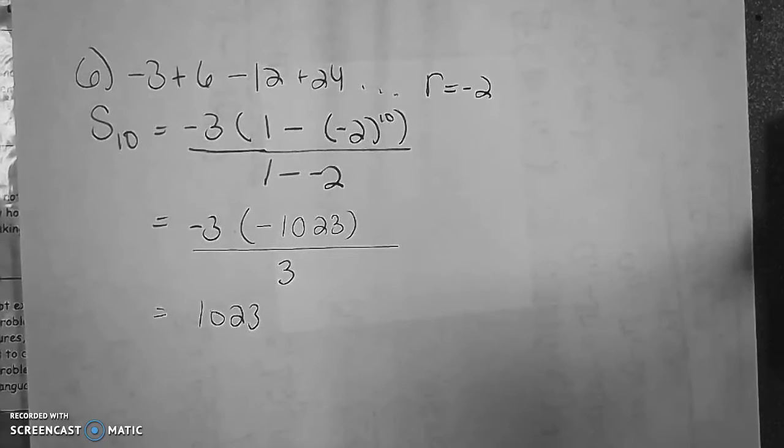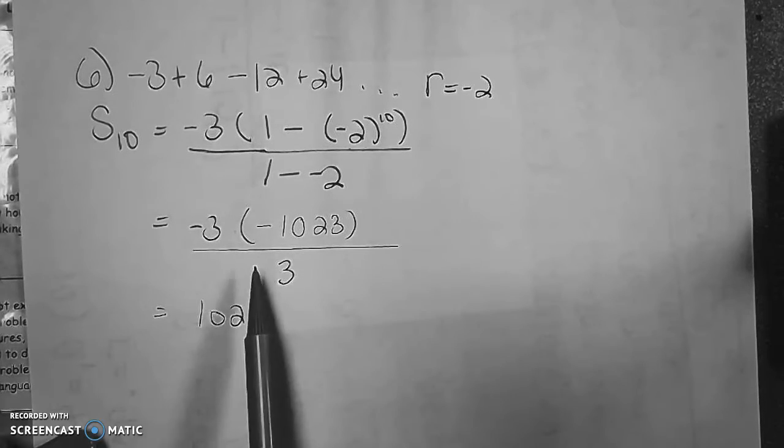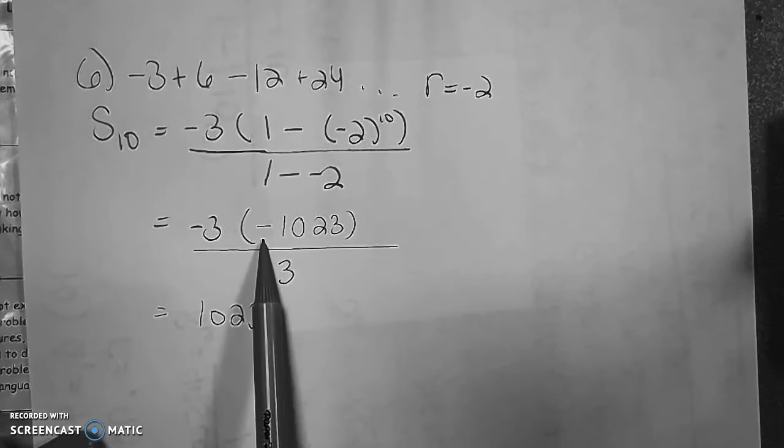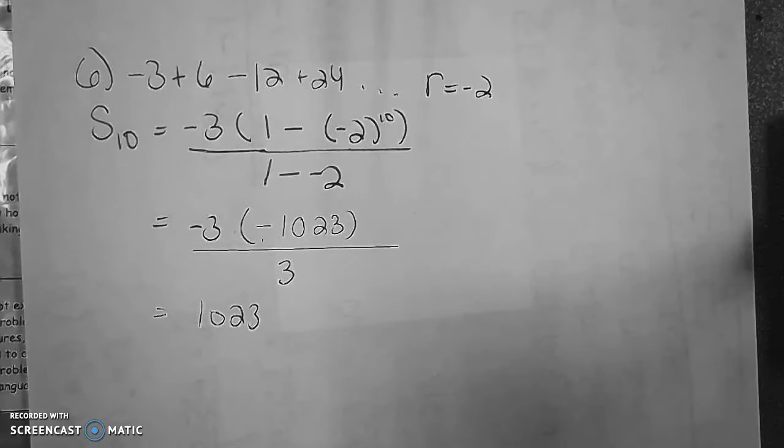Negative 2 must be in parentheses. I went ahead and separately did 1 minus negative 2 to the 10th. That's negative 1,023. And notice I went ahead and said 1 minus negative 2 is 3. And when you do that, you will get the answer on the back. But I can about guarantee the issue there was typing the negative sign into your calculator.